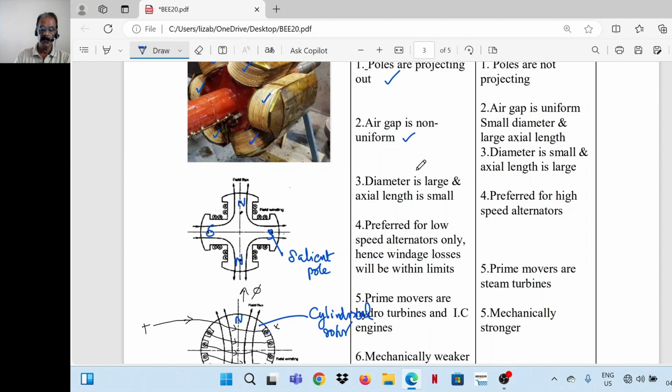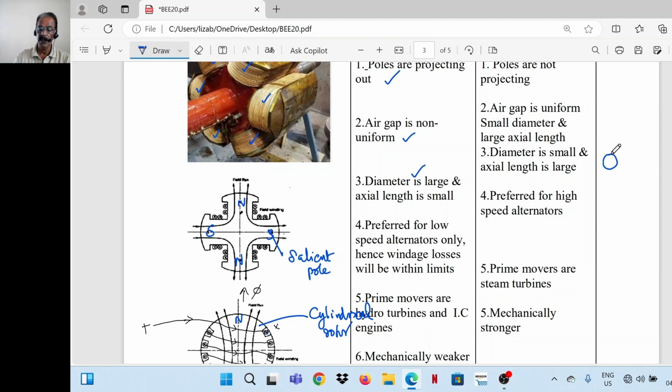Next, diameter is large and axial length is small. For salient pole type, it has large diameter and small axial length, whereas for cylindrical rotor machine, diameter is small and axial length is large. Diameter is small because the cylindrical rotor machines are meant for high-speed turbo generators.